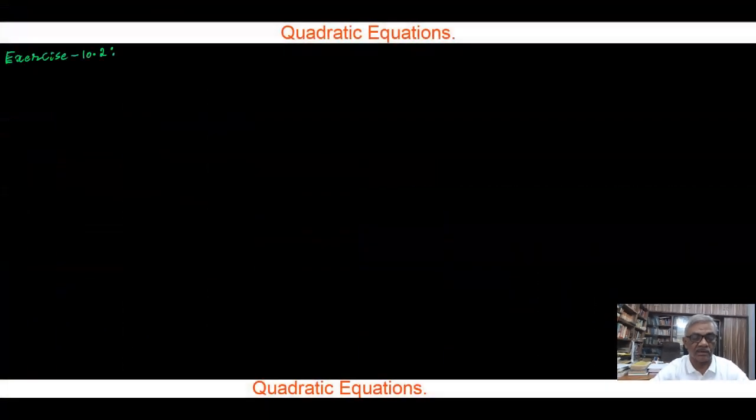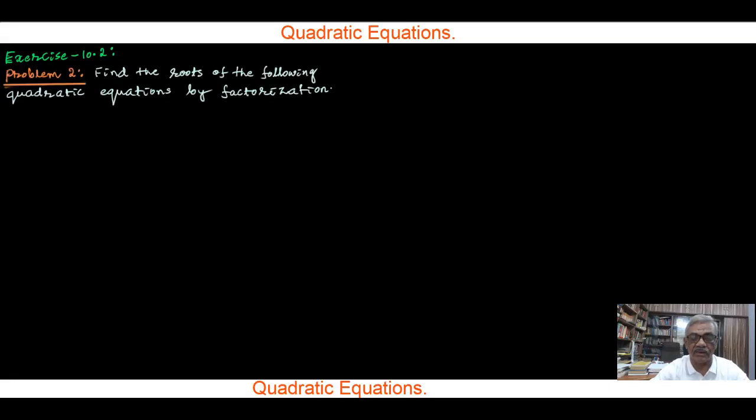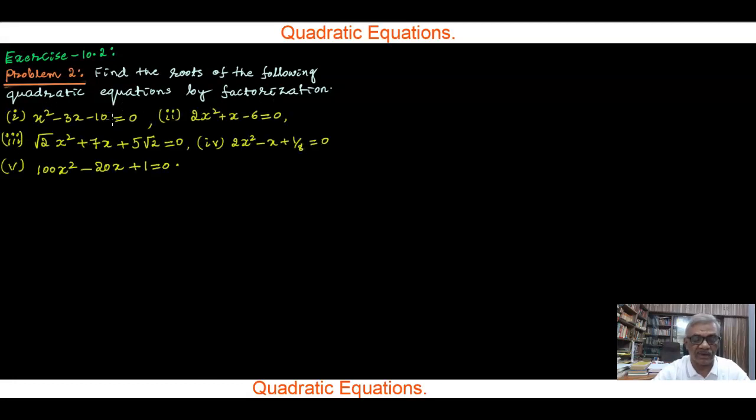Exercise 10.2: find the roots of the following quadratic equations by factorization. Those 5 I am listing here, and for each of them I would like to give a solution.